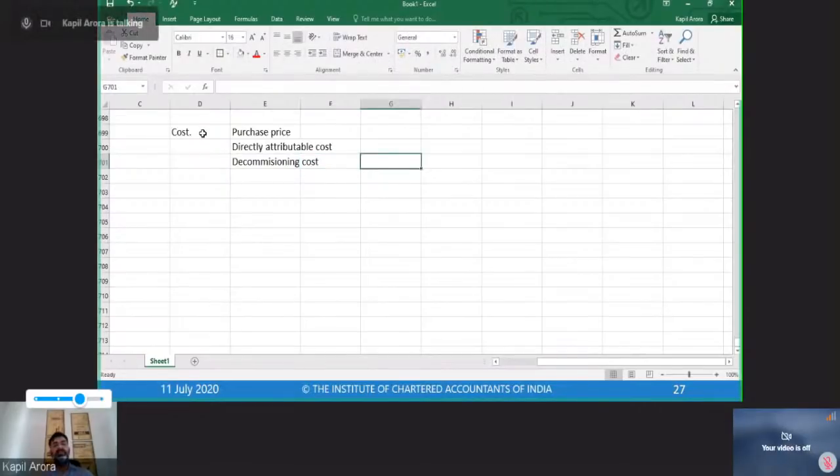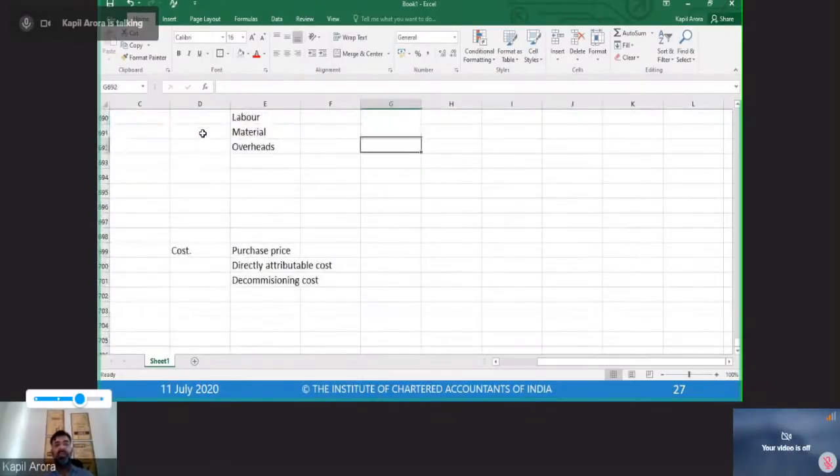So one more question has come related to the borrowing cost. If we have taken a loan to purchase the asset, can the interest be added? Answer is yes, but for that certain conditions need to be met. Let me just explain those conditions.